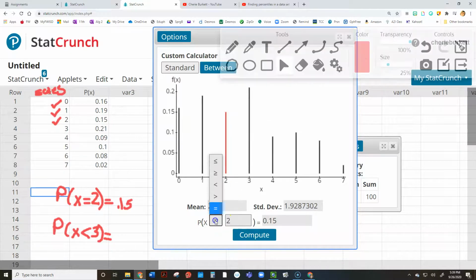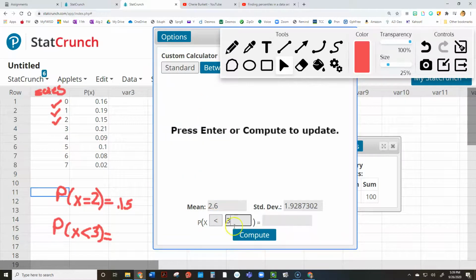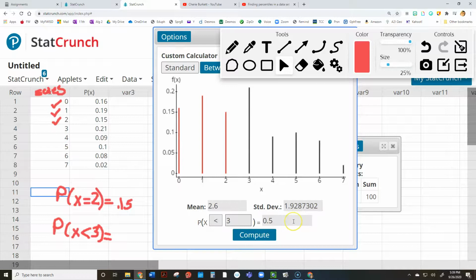You can come over here and change this to less than 3, and it tells you that you've got a 50% chance of having a day where you sell less than 3. 0.15 plus 0.19 plus 0.16. That's going to be 50%. 10, 20, 30, 40, 50. Yep, 50%. So this is very handy.